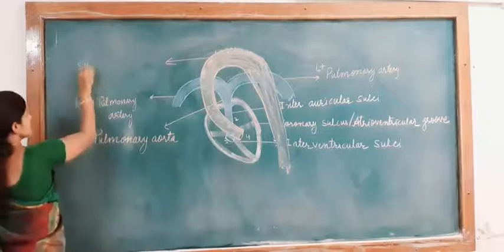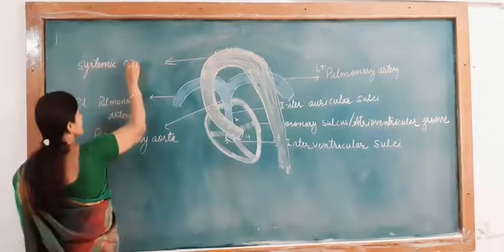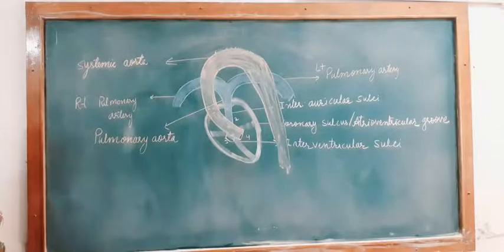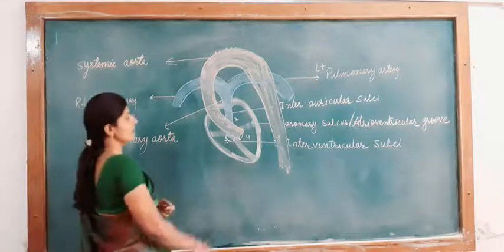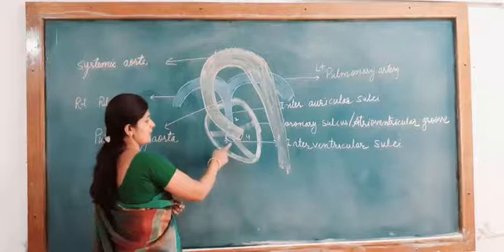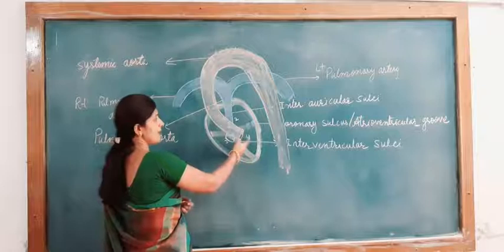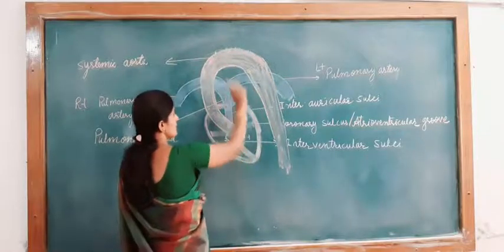This is the systemic aorta. Pulmonary aorta and systemic aorta. The pulmonary aorta carries deoxygenated blood from the right ventricle, and the systemic aorta carries oxygenated blood from the left ventricle to the body parts.